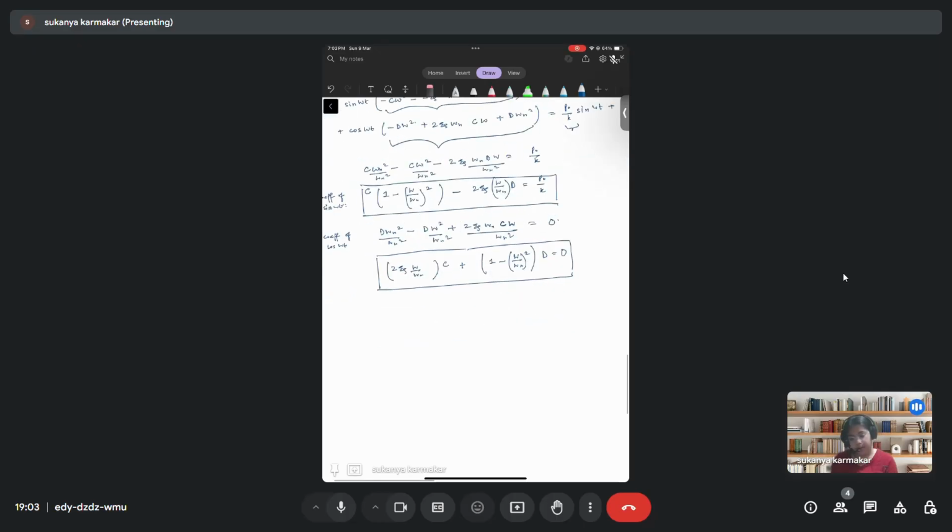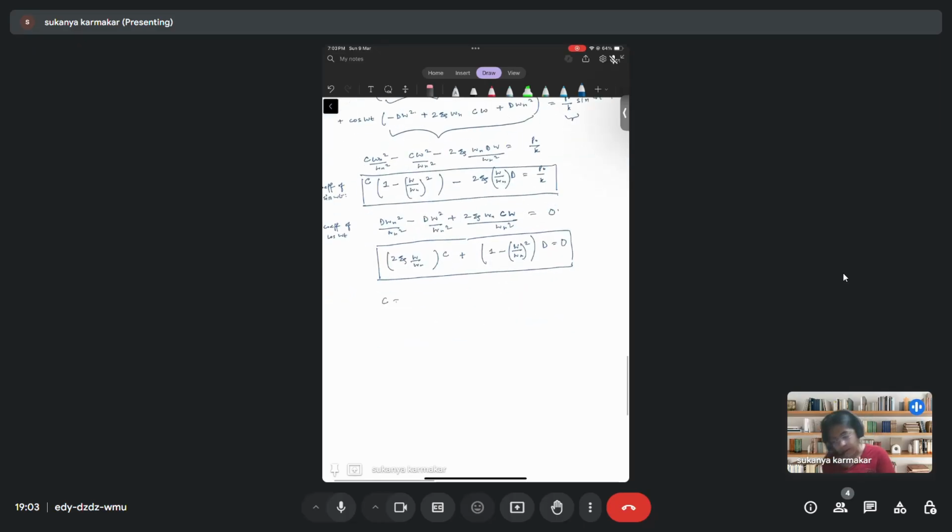And these were the values of c and d. You might have seen them in the lectures as well. So c comes out to be p naught by k times 1 minus omega by omega n whole square, divided by 1 minus omega by omega n whole square, whole square, plus 2 zeta omega by omega n whole square.